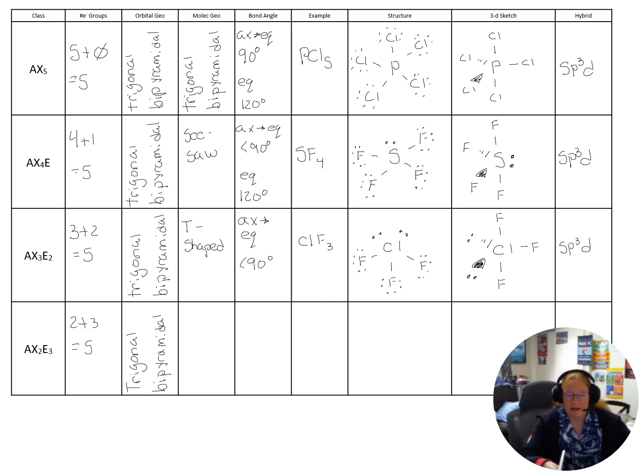Okay, at this point, we've taken everything off that equatorial region, and so our molecular geometry is linear. So our bond angle is 180 degrees. All right, here's our example.